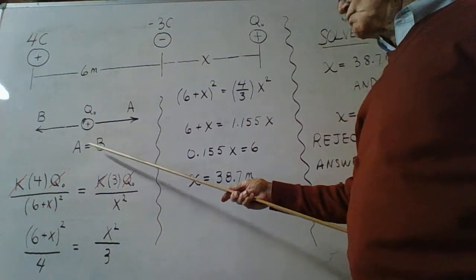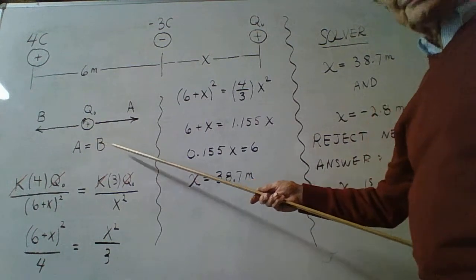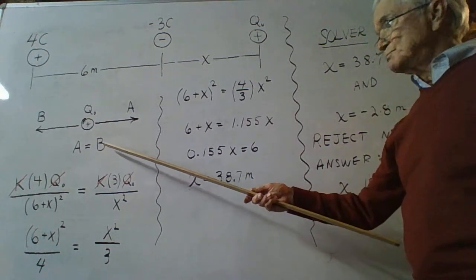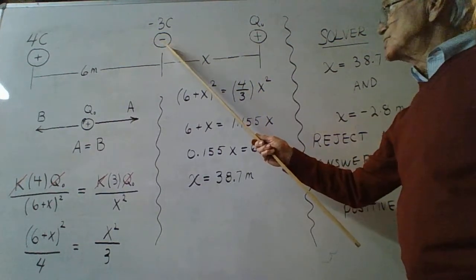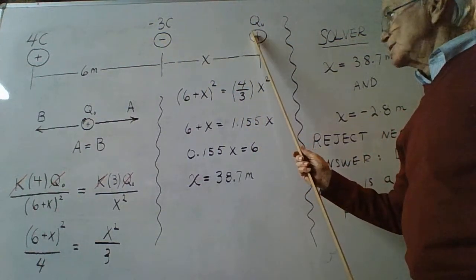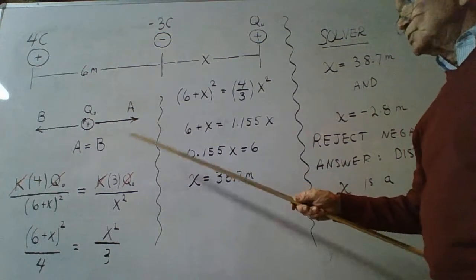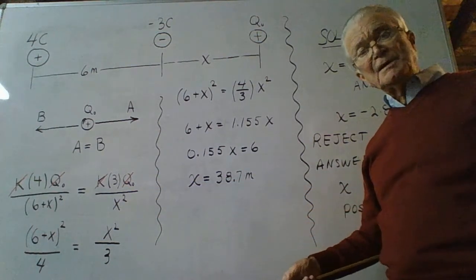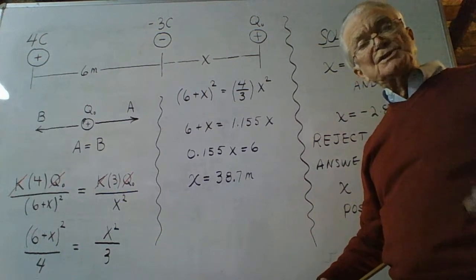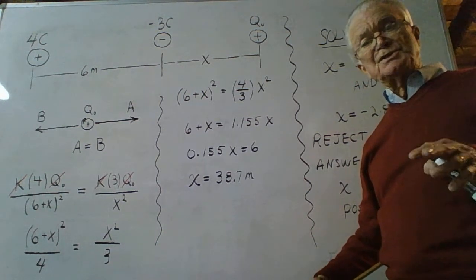Now let's look at the right side of this equation. The force B is the pull to the left by the negative charge pulling on the positive charge. So it's KQQ over distance squared, same pattern as before. The force between two charges is KQQ over distance squared.